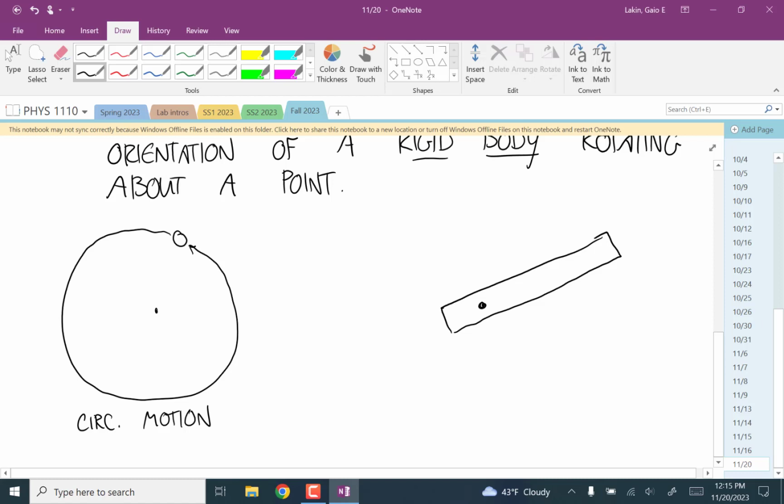Remember that was the thing with a particle. We treat it like it doesn't have any length dimensions and we don't know anything about the orientation. Now we're talking about bodies that are rotating like this.